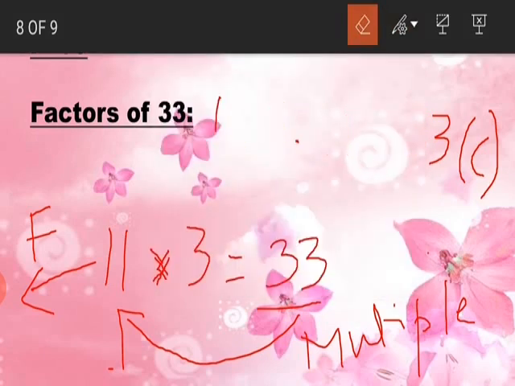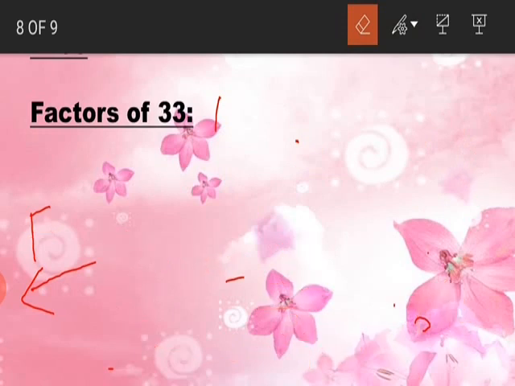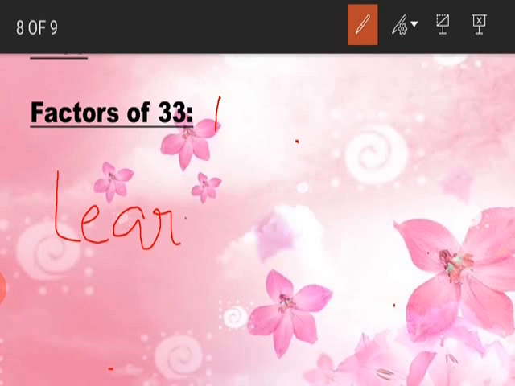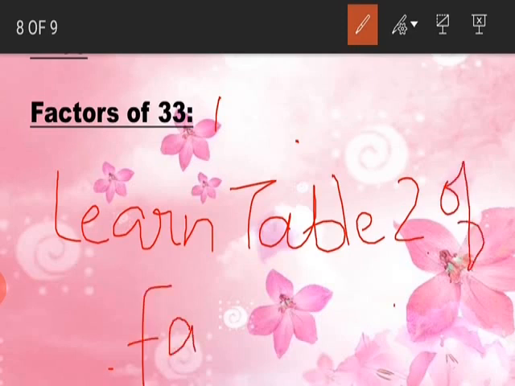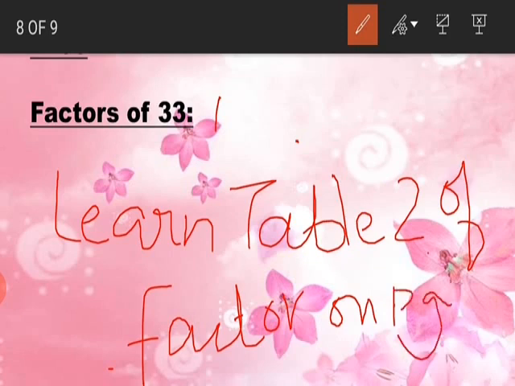I am writing here in your diary: Learn table 2 of factors, on the page on which table 1 is already written, and the page is, I think, page number 23. So class, this is your lecture for today.